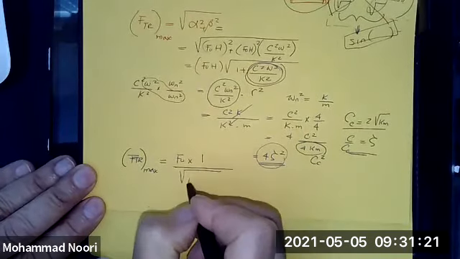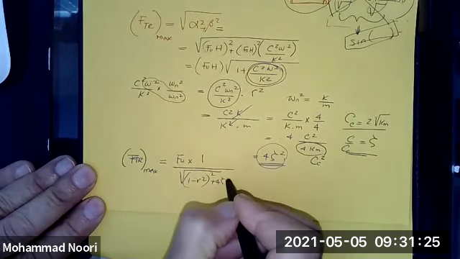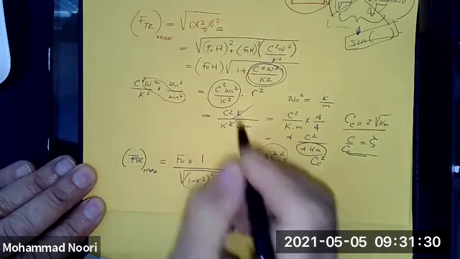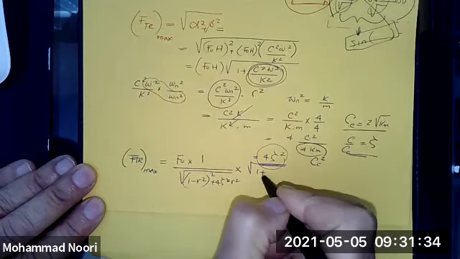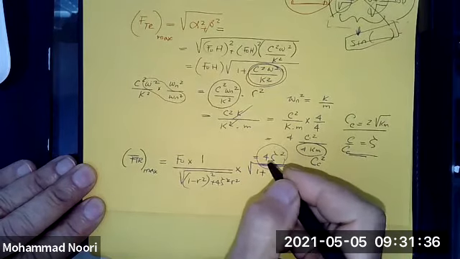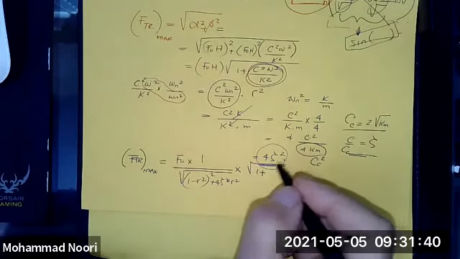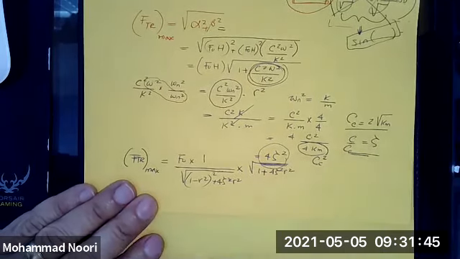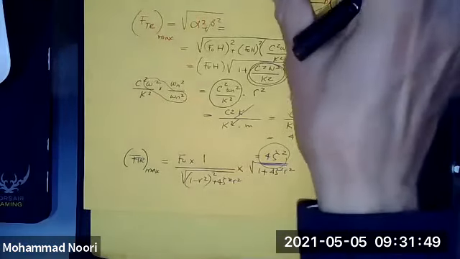H was 1 minus R squared plus 4 zeta squared R squared times 1 plus 4 zeta squared R squared. So this is not that clean. So let me go to the next page and rewrite that again.